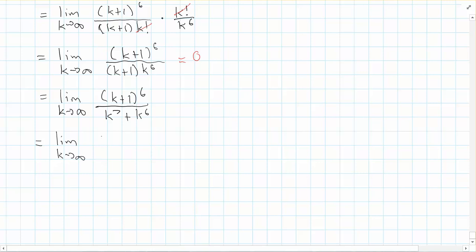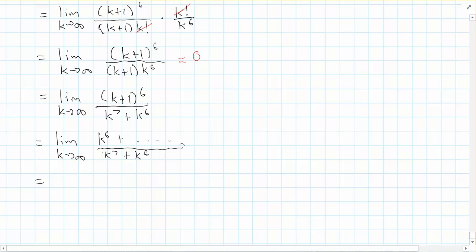But I know that I'm going to have a k^6 term plus a bunch of other stuff, because my highest degree term is going to be k^6. So it's not equal to k^6, I just know that I'm going to have k^6 over k^7 plus k^6.